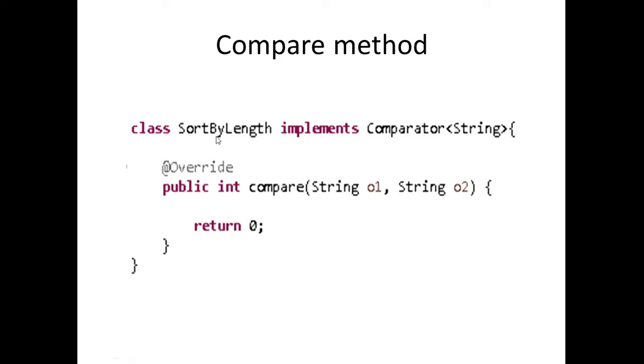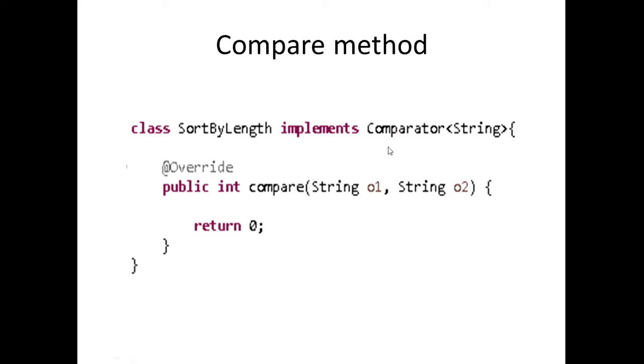So based on this line alone, what I'm going to be doing is comparing a list of strings, but I want to sort the strings based on length. So right here, I just have a rough example. I'm not going to go into too much detail with the compare method right now about how to actually sort by length. I'll talk about that later on in the video, but I just wanted to show you the basic generic setup.